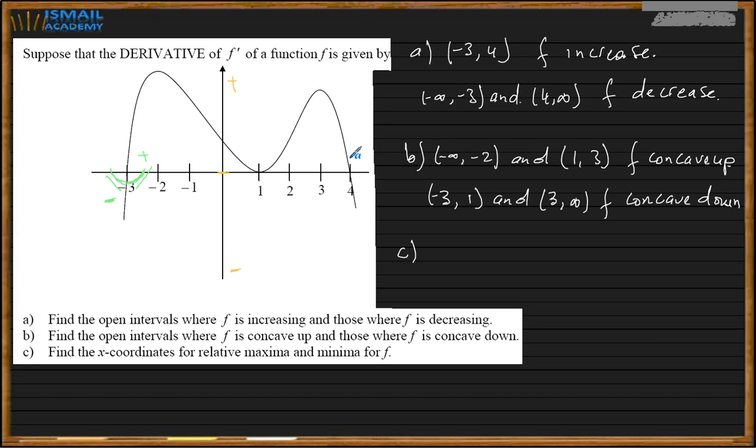Here it is positive and negative. That means it increases then decreases, so this is a local max. So x equal minus 3 is a relative min. X equal 4 is a relative max. You can use local max, local min if you want.